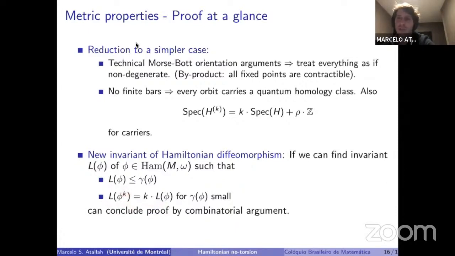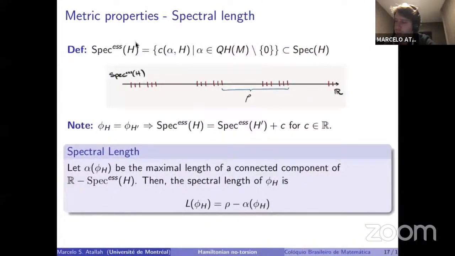And once we found such an invariant, we could then conclude the proof of this theorem by means of a combinatorial argument. So I'll just spend my last few minutes defining this invariant, which we call the spectral length.